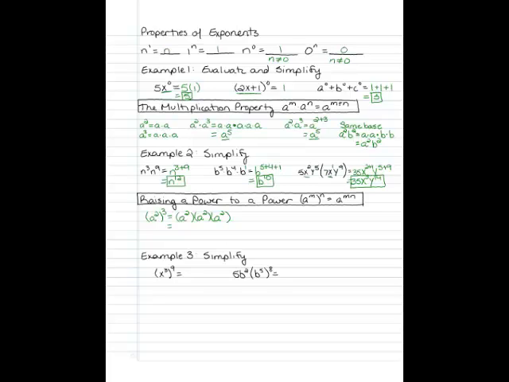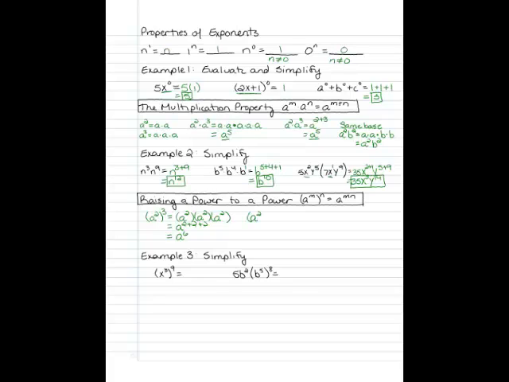Now this, we can apply the multiplication property. The bases are the same, so we have a to the 2 plus 2 plus 2, which gives us a to the 6. Another way to look at it is simply by expanding the whole thing.